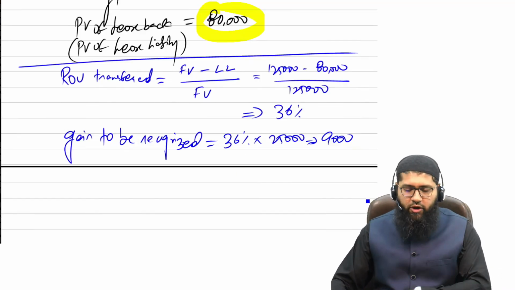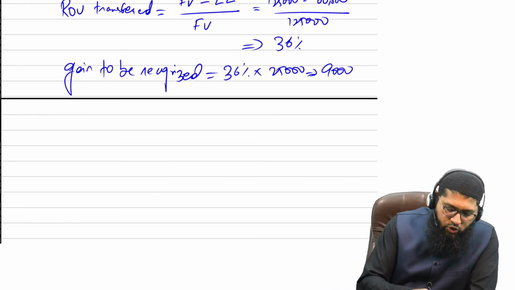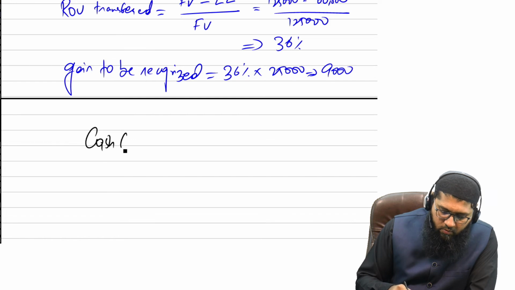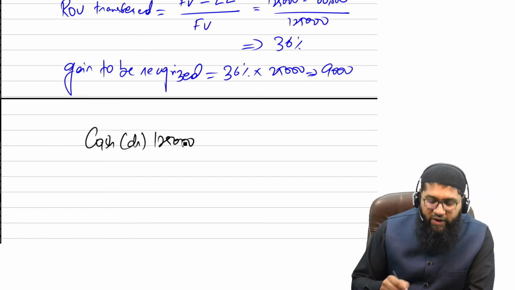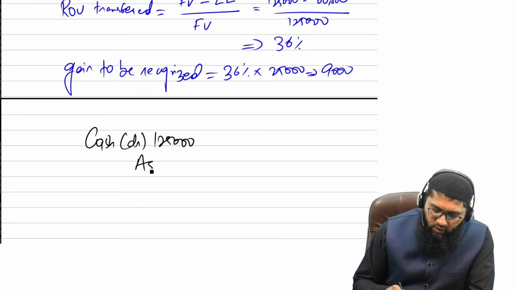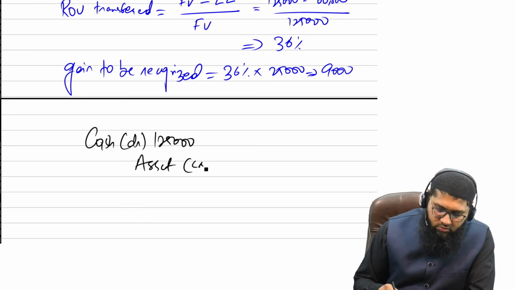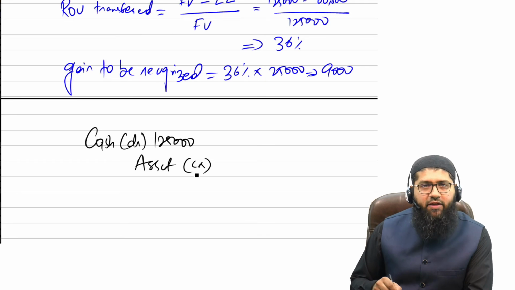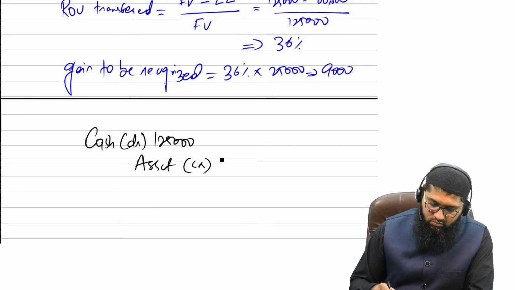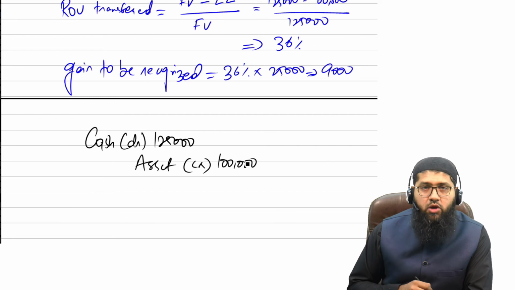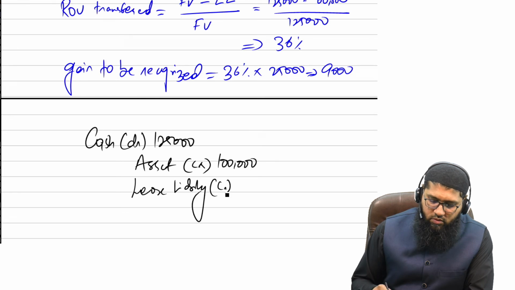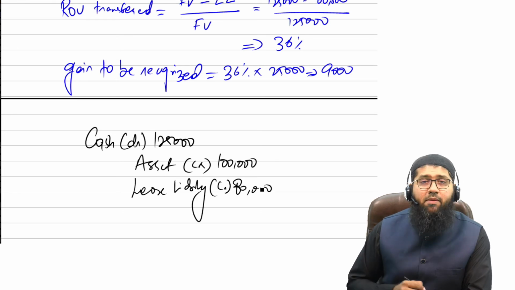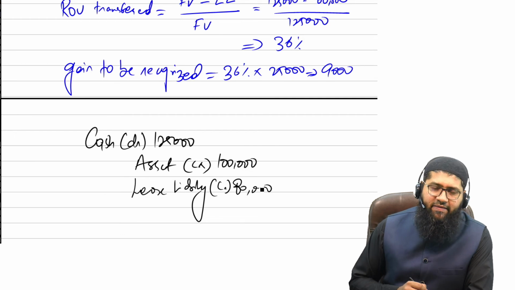Now, how exactly are you going to record the whole of it? Cash is going to be debited by 125,000. The asset is going to be credited by 100,000. The lease liability is going to be recognized by 80,000.